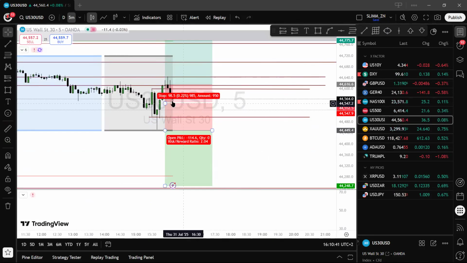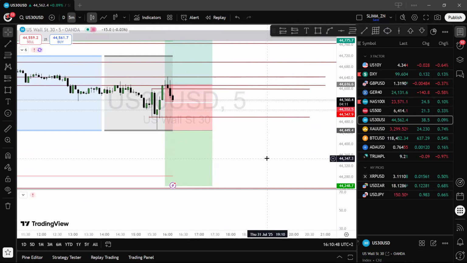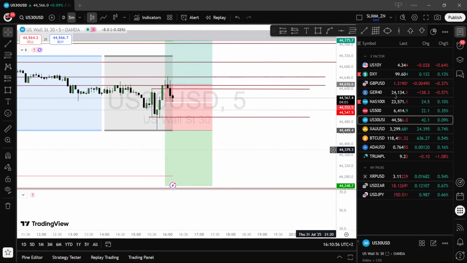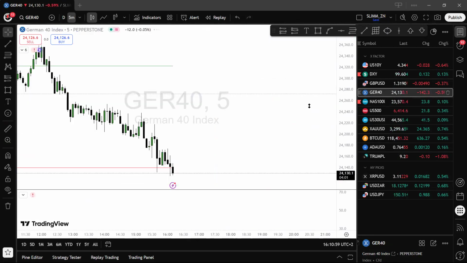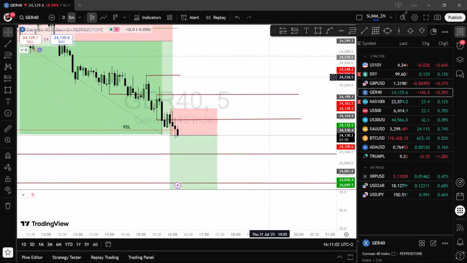So that's a 1% loss on a 15K prop account. That's on my mobile phone. What's the other one? Nasdaq is still running, and German 40 is also still running.